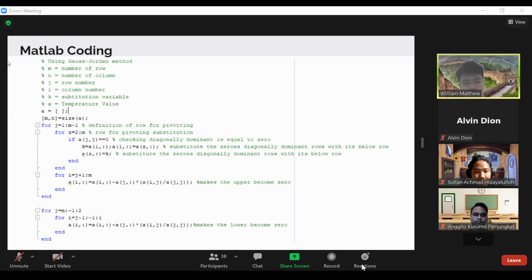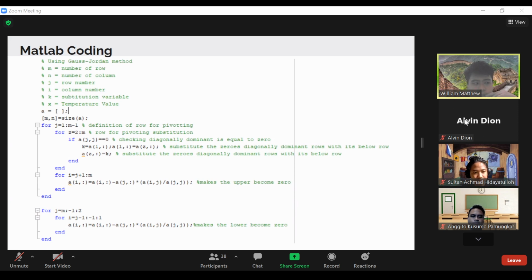Okay, so this is the code that we input in MATLAB. First of all, we have to define the size of our matrix using M and N. The M is the number of rows, while the N is the number of columns. Then for the first part of the code, we have to make our input matrix pivoted.